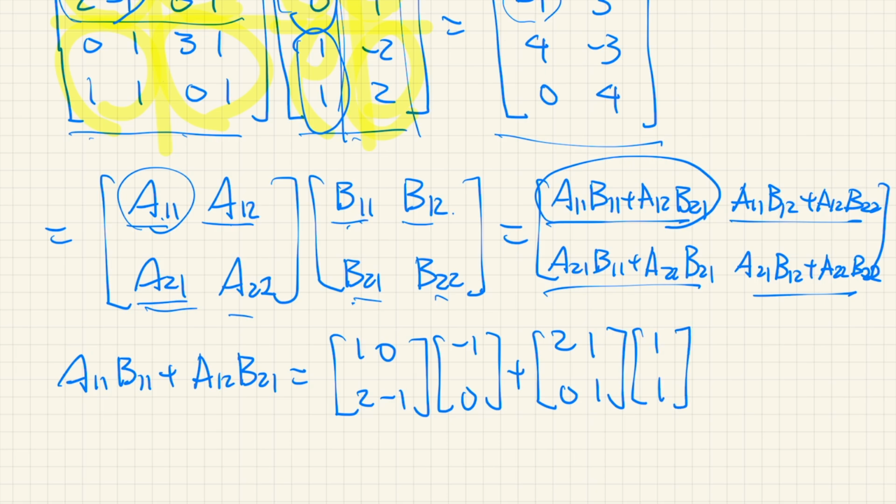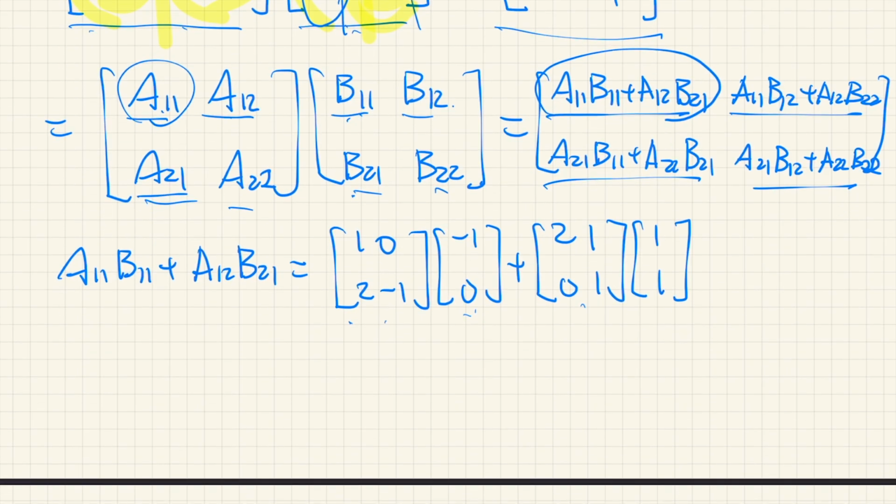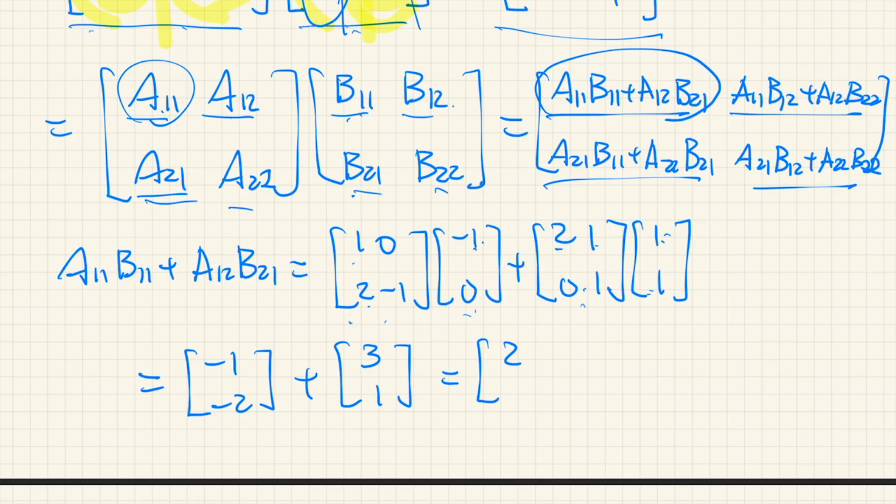So it's easier to calculate matrix products with smaller matrices, and this becomes -1 and -2 plus 2, that's 3, and 0, 1, that's 1. So we have 2 and -1.